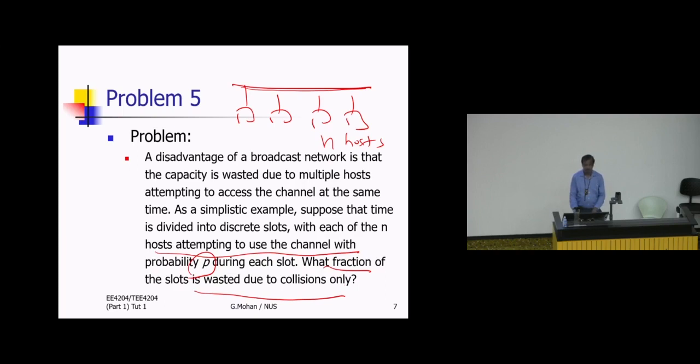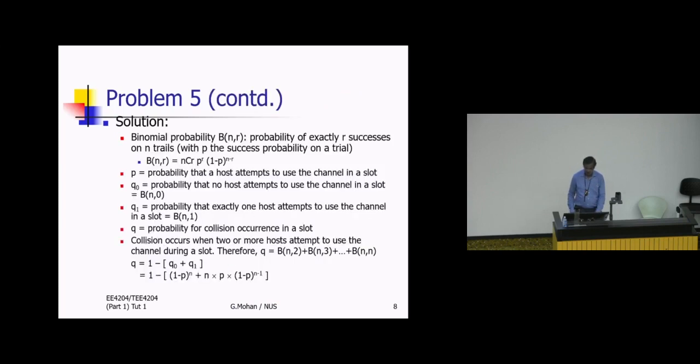Note that bandwidth may be wasted because of collision, or because of no demand, when nobody is trying to send. But we want to know the probability of wastage because of collisions. To solve this, we use what is called binomial probability.